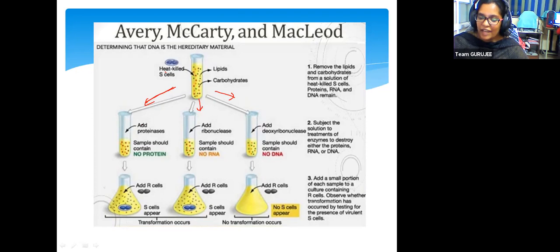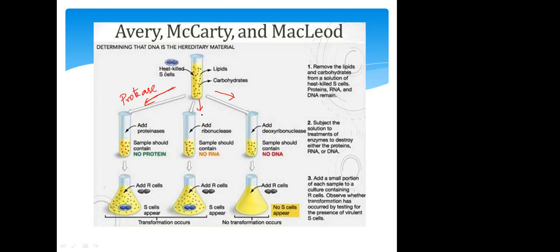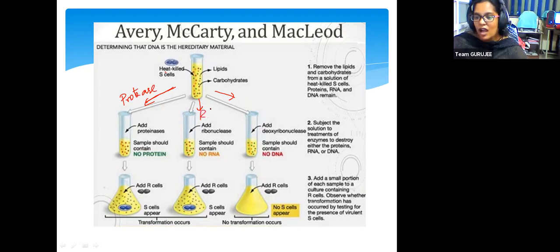In the first test tube, they added an enzyme called protease. In the second test tube, they added an enzyme called RNase. In the third test tube, they added DNase.